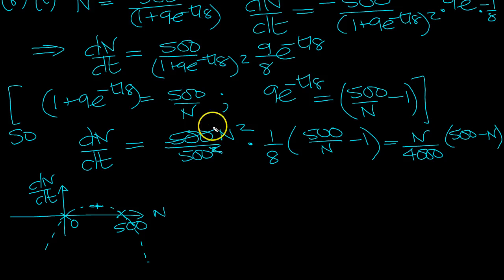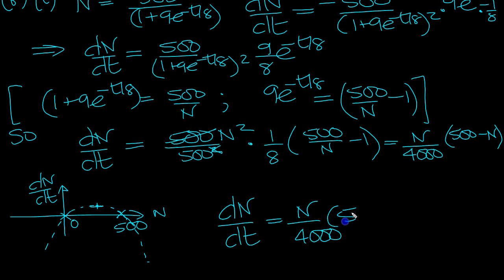So what have we got then? We've got dn dt is equal to n over 4,000, 500 minus n. We need to know when n is maximum.